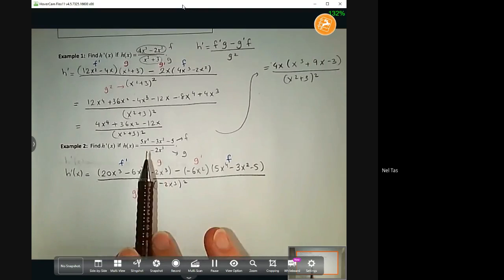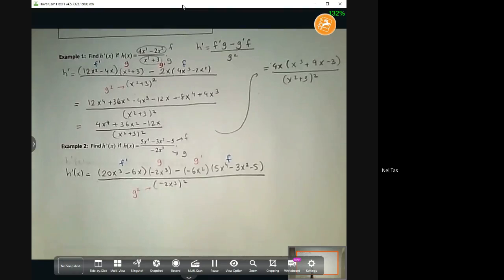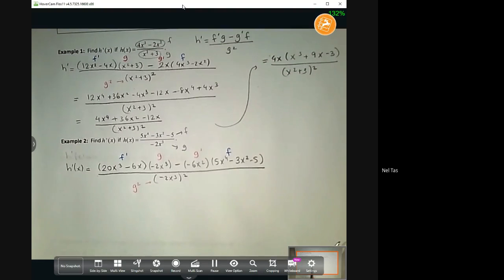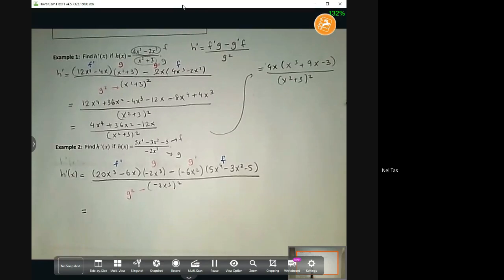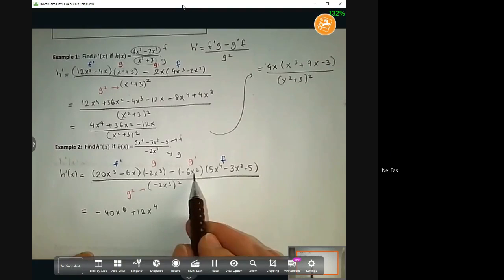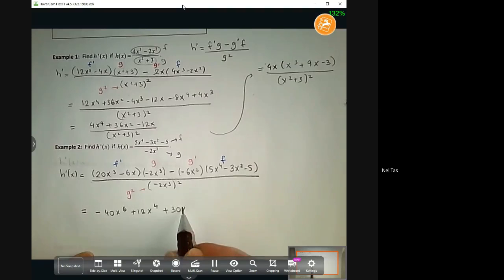So whenever there is a rational function, that is the rule, the quotient rule you have to use. All right, so now again we have to simplify the numerator. So we get negative 40x to the power of 6 plus 12x to the power of 4 plus 30x to the power of 4 minus 18, and now that is 6.